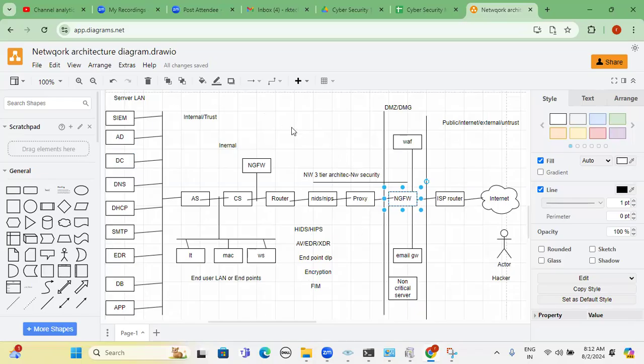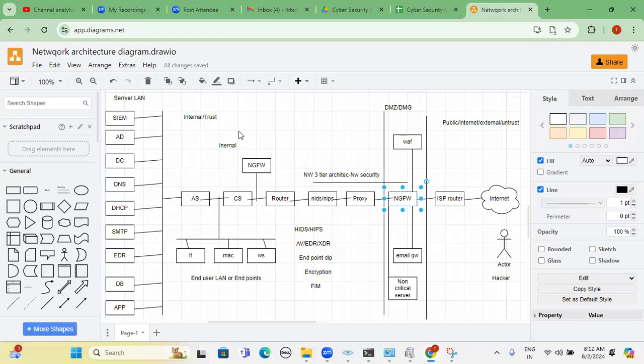Anyone? Zero, because we have the protection of the DMZ, and he needs to break the DMZ protection and then enter. So it is not at all possible for him to go through it. Yeah, that's correct.